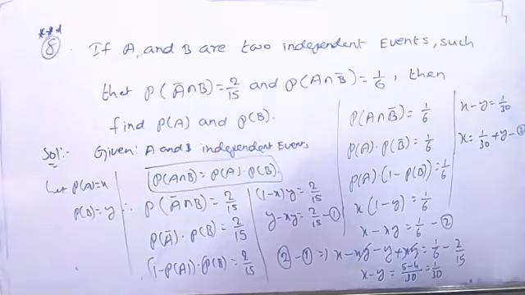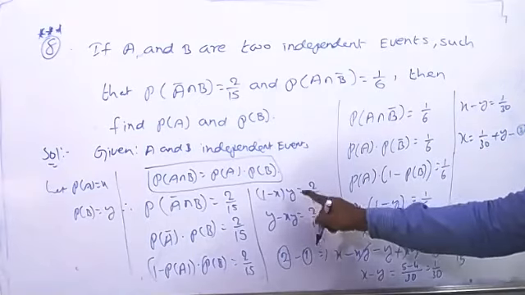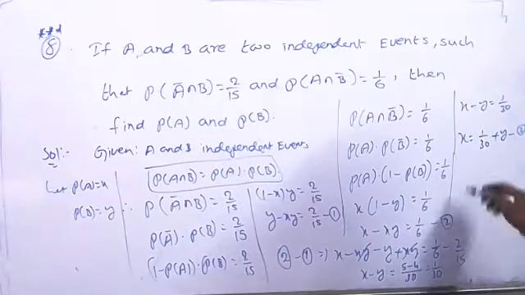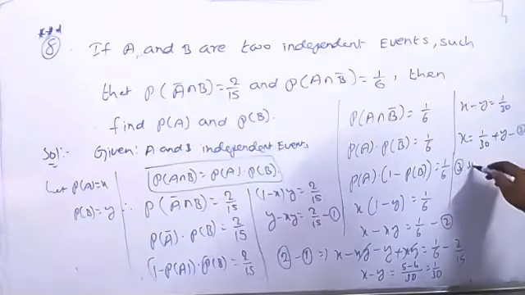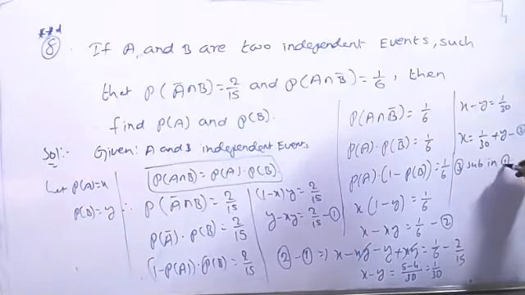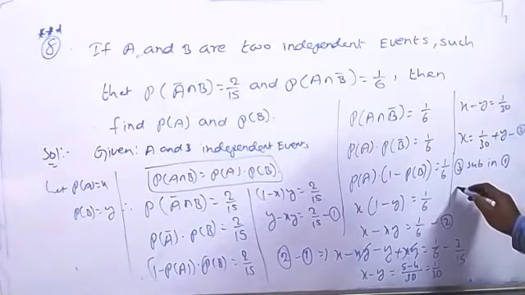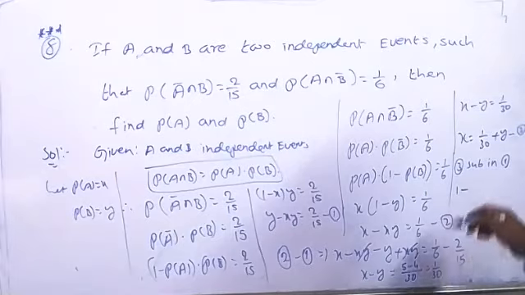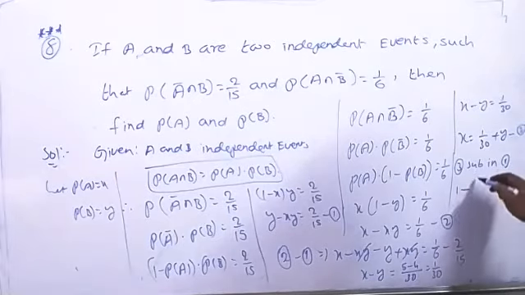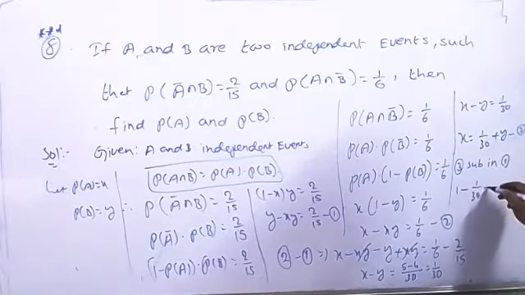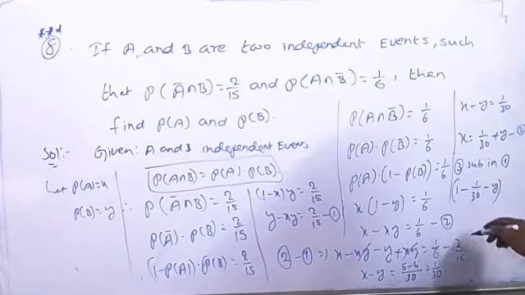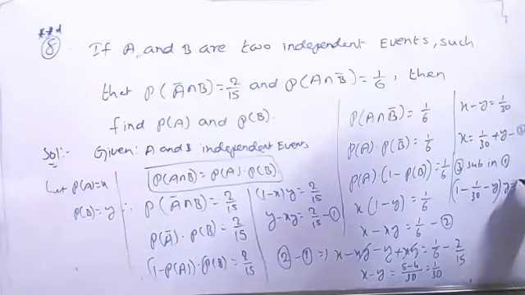Now this is the second equation, and the first equation. Either this or this, anything. Then substitute 3 in the first equation. So 1 minus X equals, clearly we can write now, 1 by 30 plus Y, so minus Y into Y is equal to 2 by 15.